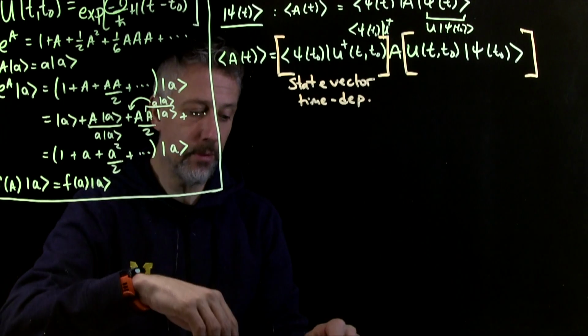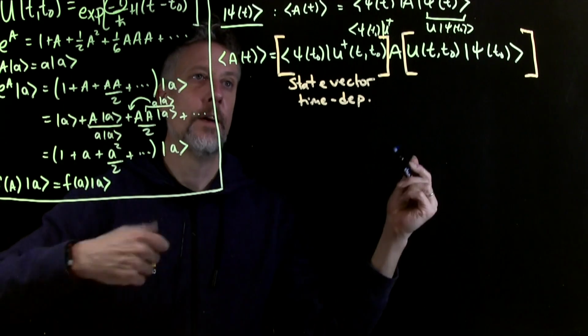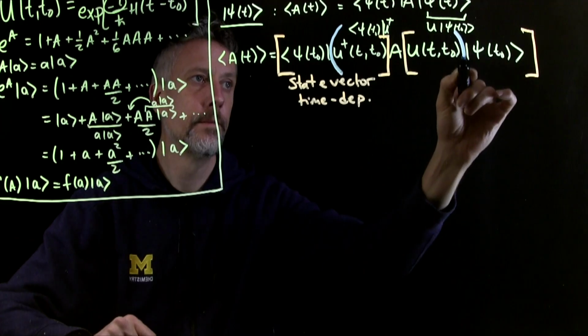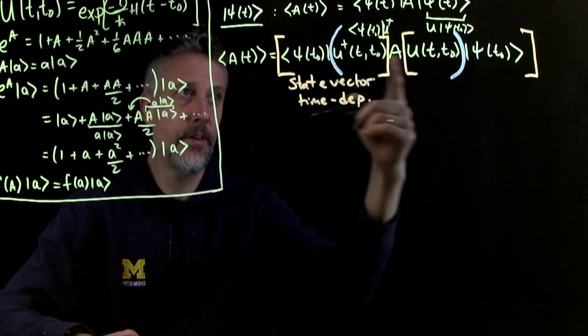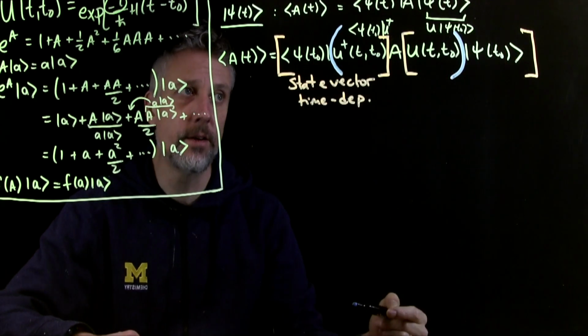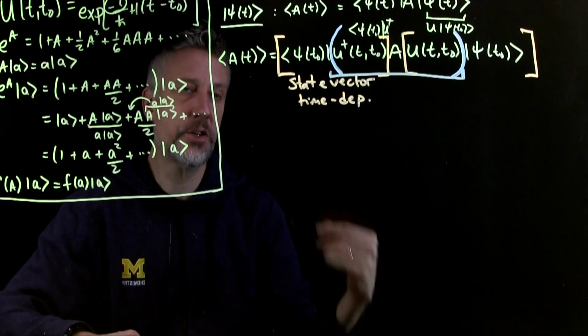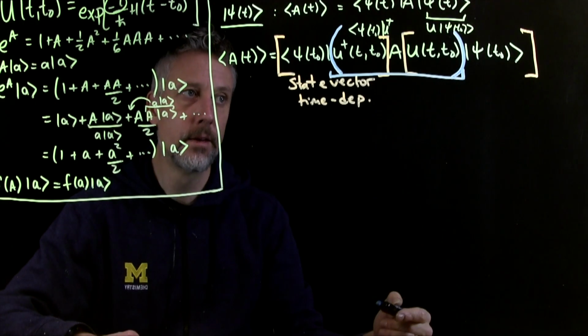But I can put my parentheses in a different way. If I put my parentheses like this, now what happens? The state vectors are time independent. It's just whatever the initial state vector was, but the operator itself, the question I'm asking, becomes time dependent.